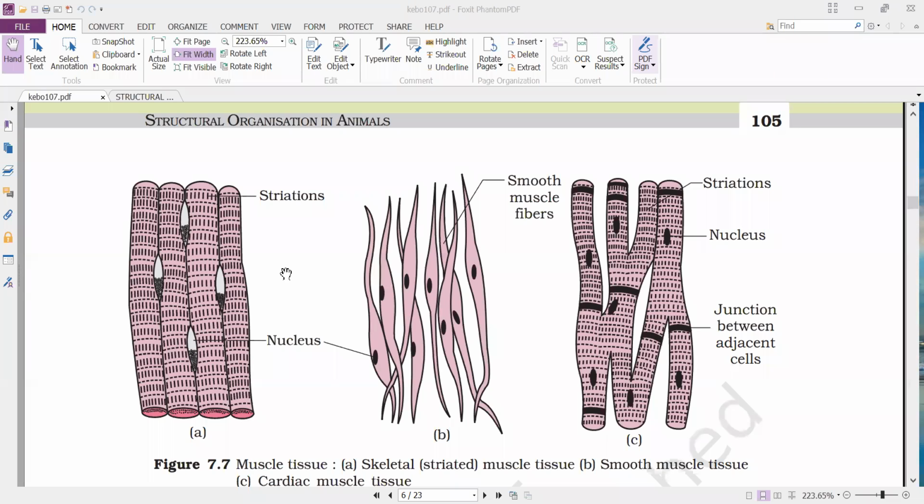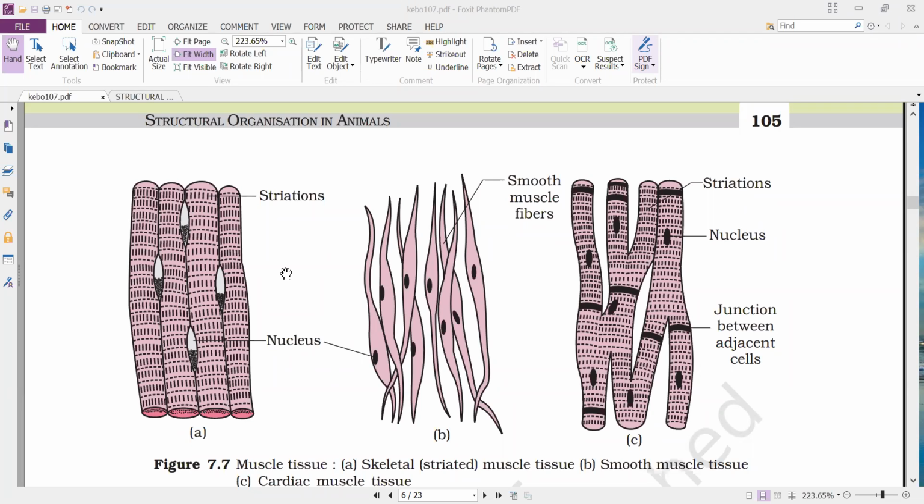Any body part that you are able to move at your will, the muscle responsible for it we call skeletal muscle, striated muscle, or striped muscle.